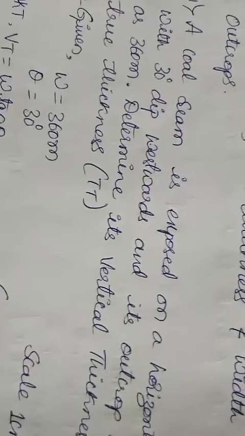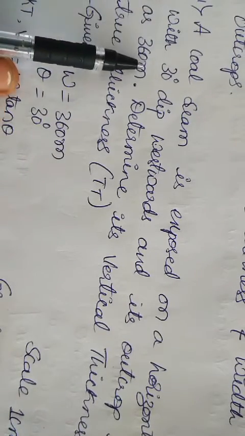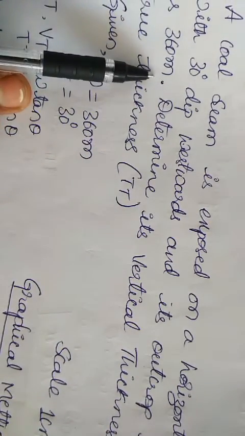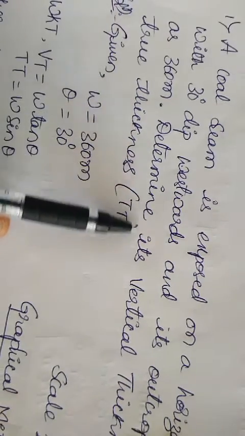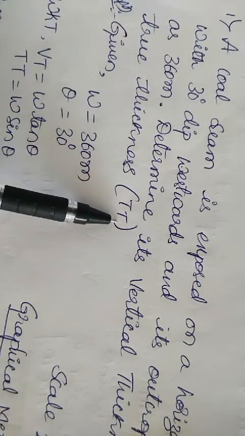The first problem is: a coal seam is exposed on a horizontal ground with 30-degree dip westwards and its outcrop is measured as 360 meters. Determine its vertical thickness Vt and true thickness Tt.